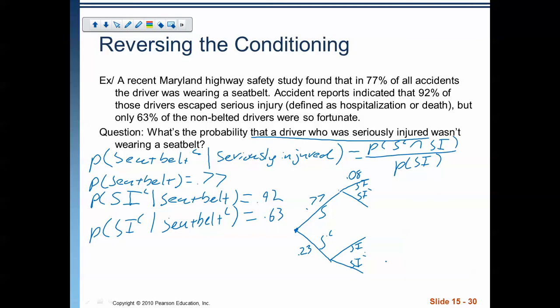Given that I was wearing a seatbelt, what's the probability that I wasn't seriously injured? 92%. Given that I was not wearing a seatbelt, what's the probability that I was not seriously injured? 63%. And then the one up here is 37%.